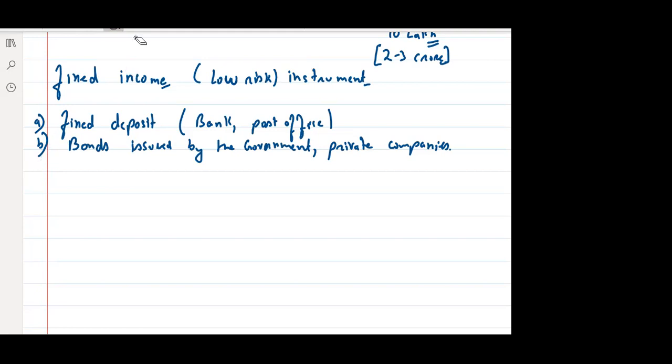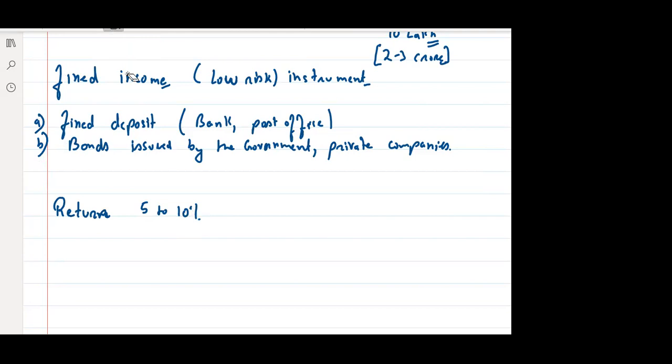Okay. Now the return that these fixed instruments usually give is between 5 to 10%. Now 10% nowadays, nothing is giving 10%. But as Shreya said, Kisan Vikas Patra is one of the fixed income instruments which used to give around 9 to 10%.